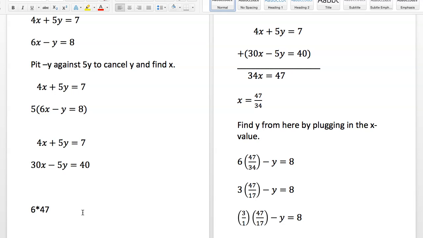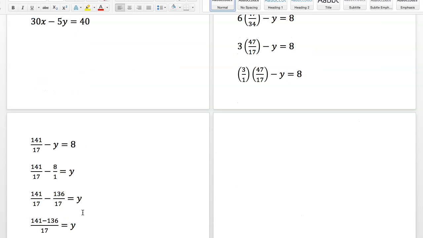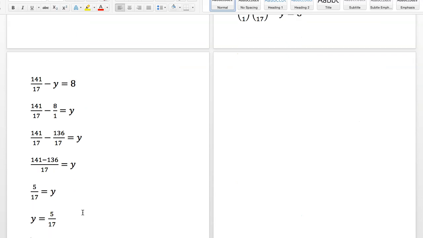So it's 272 over 34, and 272 over 34 is 8. That's it. It worked. You can plug these back in, they do work. I plug these into Google and they do work.